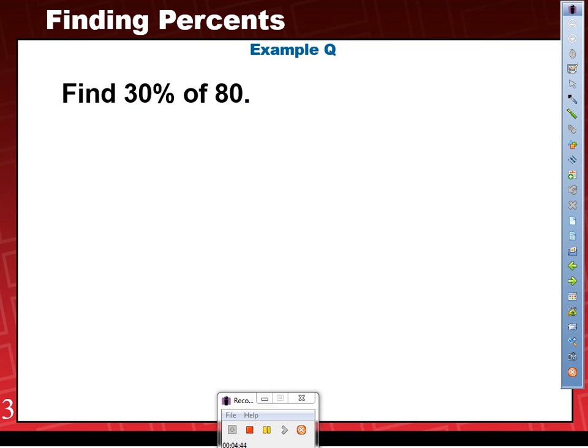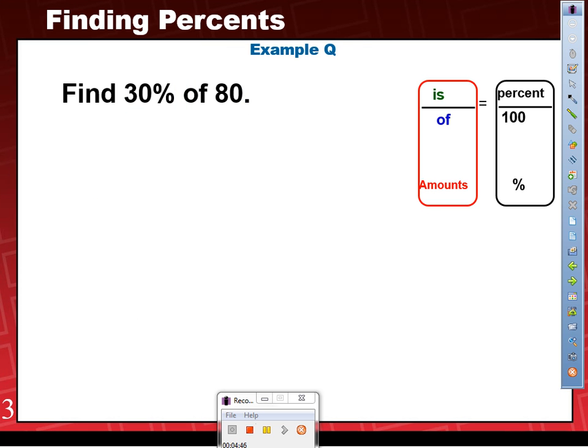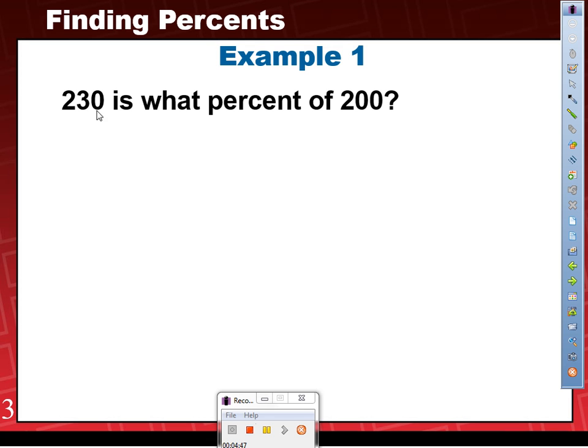Now this one is example 1. It says, 230 is what percent of 200? Copy that down, please. Example 1. All done copying, Aaron? 230 is what percent of 200?